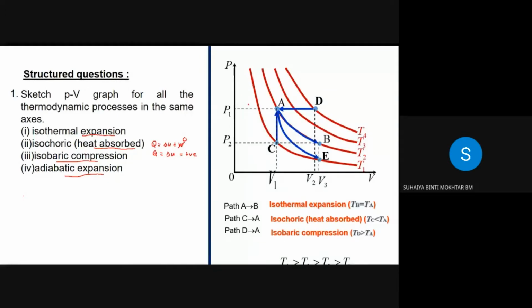Okay, so temperature point A is greater than point E. Okay. So work done here, okay, expansion, work done should be positive. Kalau expand dia, work done positive. Okay, expand je, work done should be positive. Kalau compress, let's say ni isobaric ni kan, isobaric compress ni, work done here is negative. Okay, negative work done ni. Okay, so ini number 1.